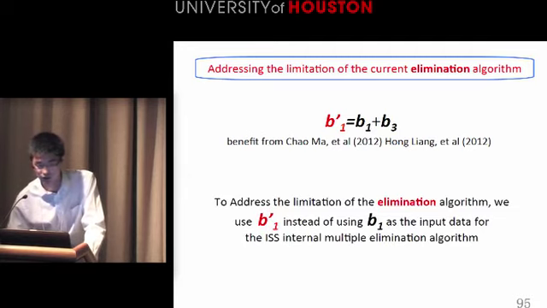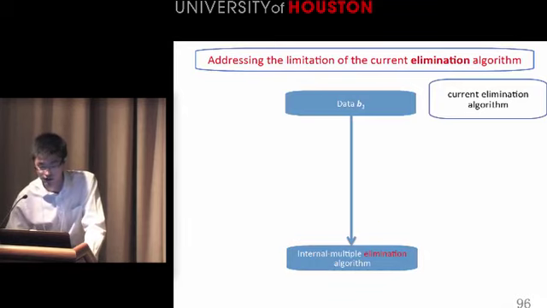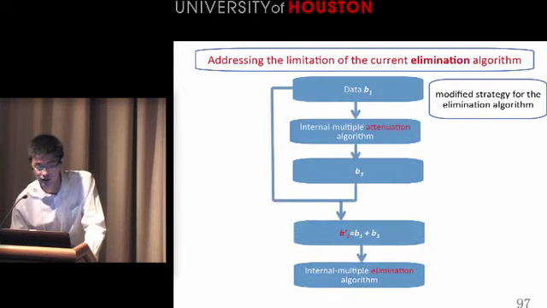And here shows the flow chart of the modified strategy. Here's the original internal multiple elimination strategy. We put the data directly into the algorithm. And then we change the strategy. We first put the data into the internal multiple attenuation algorithm. We can predict B3.